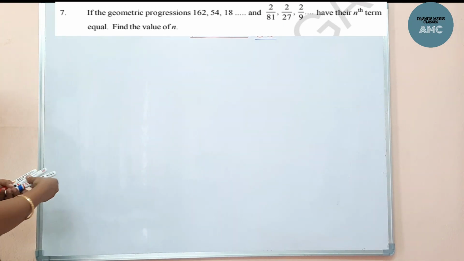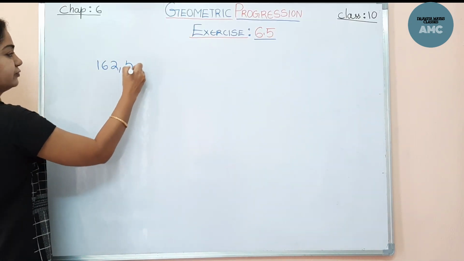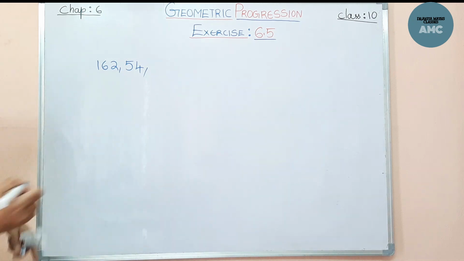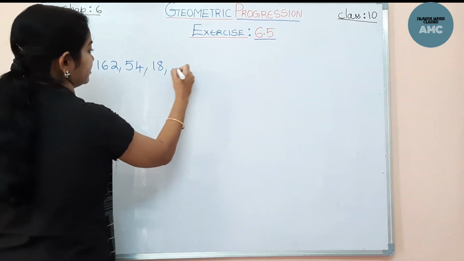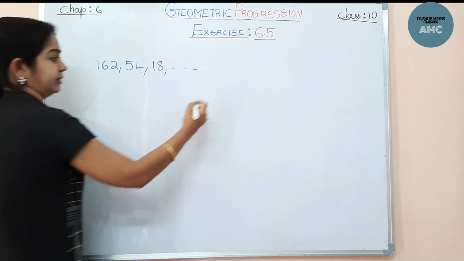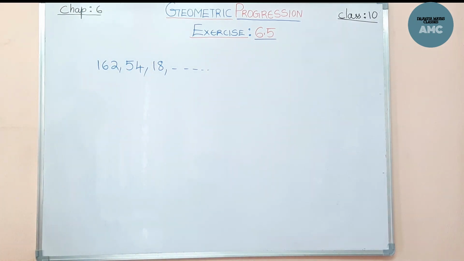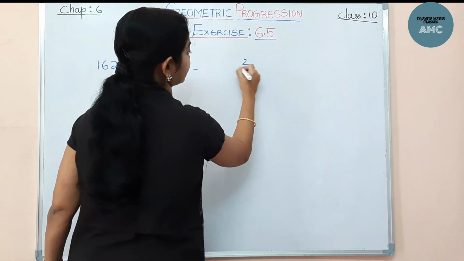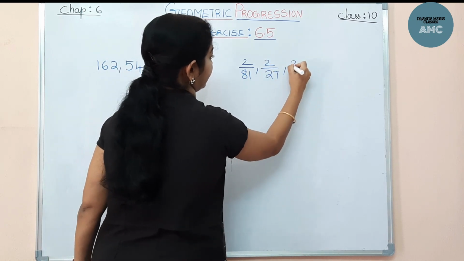Now first series, let me note it down: 162, 54 and 18. This is the first series, right? Now the second series, let me write it on the other side: 2 by 81, 2 by 27 and 2 by 9.